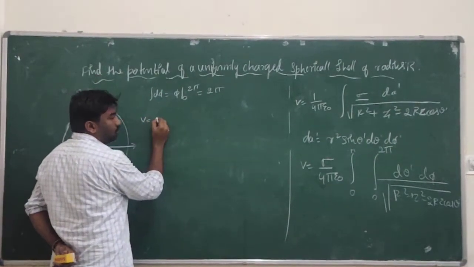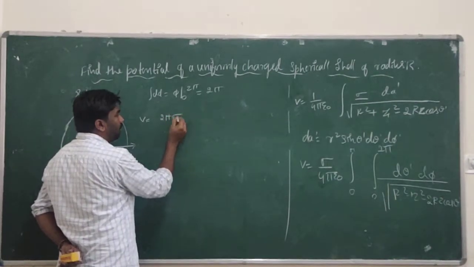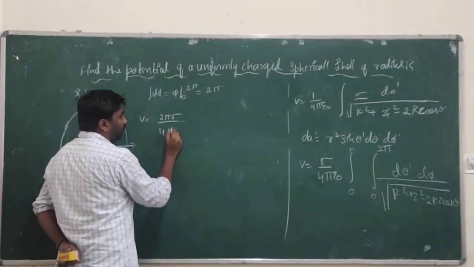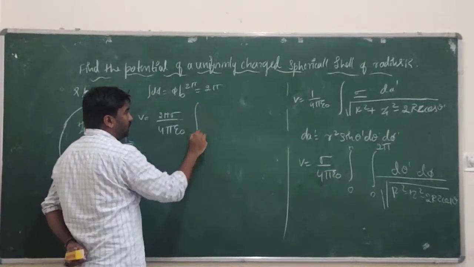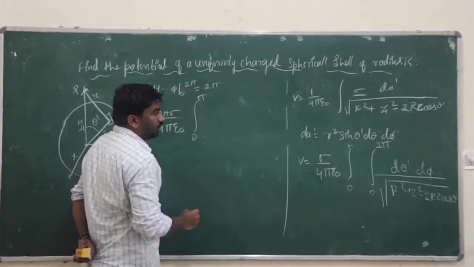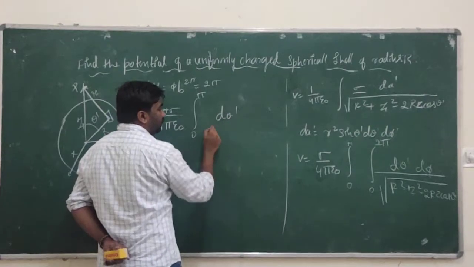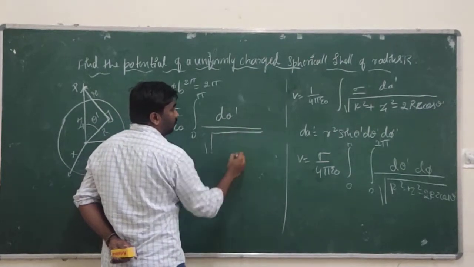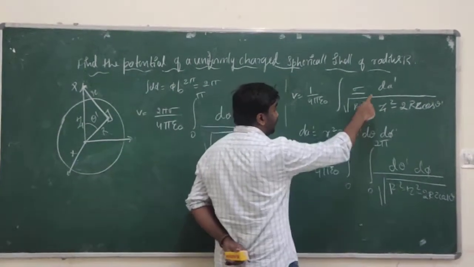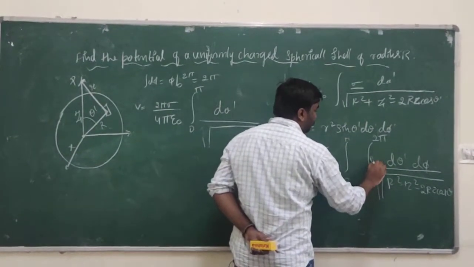So V is equal to 2 pi sigma divided by 4 pi epsilon naught, integration from 0 to pi of d theta dash divided by the square root of... sorry, here I forgot to write sin theta dash.